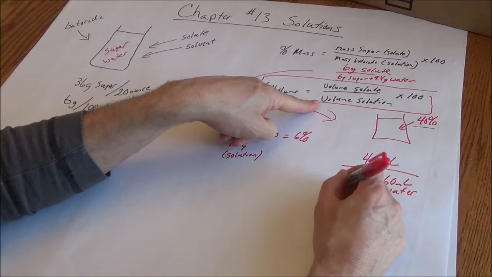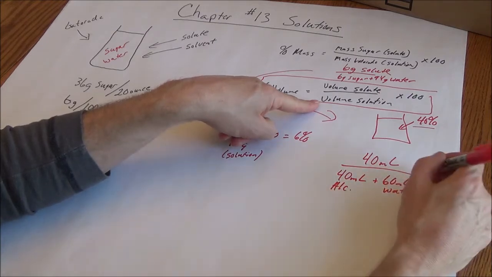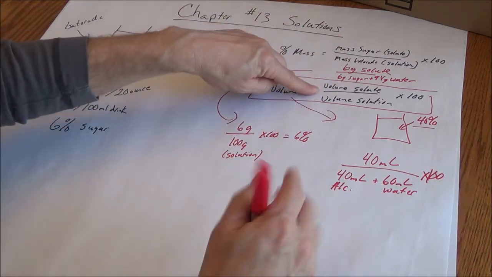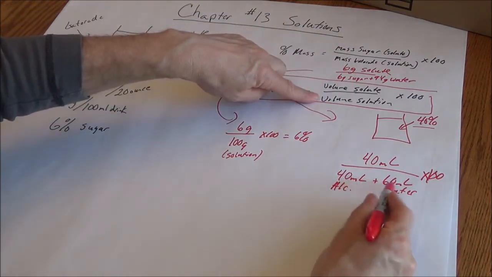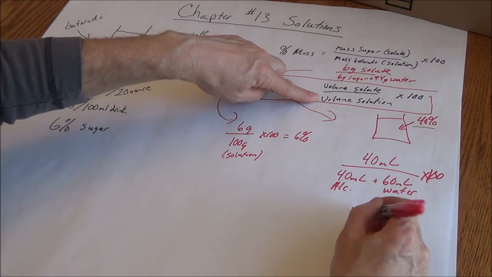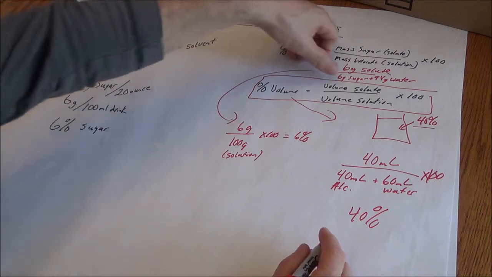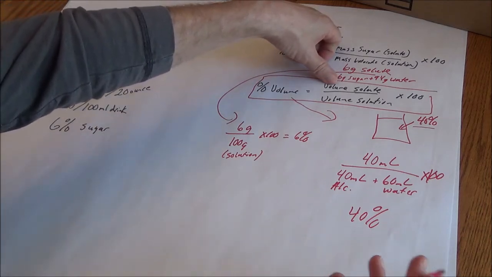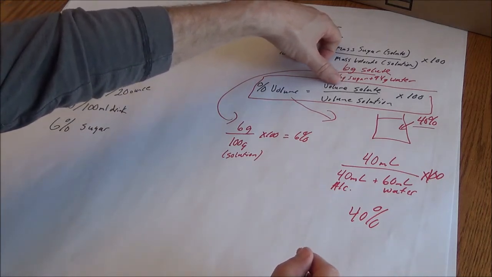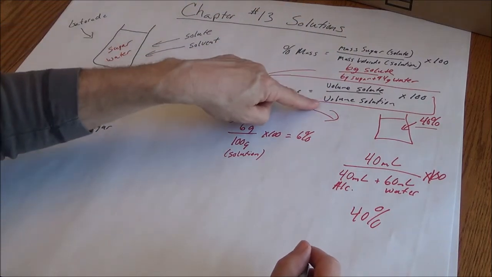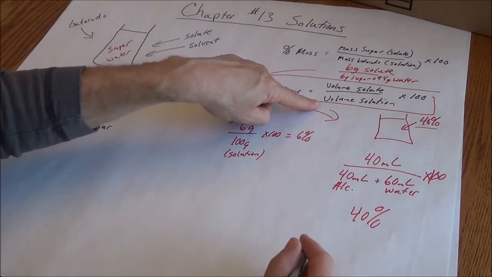And when you put it into the equation, you'd get 40 divided by 100, because these add up to 100, or a 40% alcohol solution. Meaning, for every 40 milliliters of alcohol, you have 100 milliliters of solution. Alcohol and water combined.